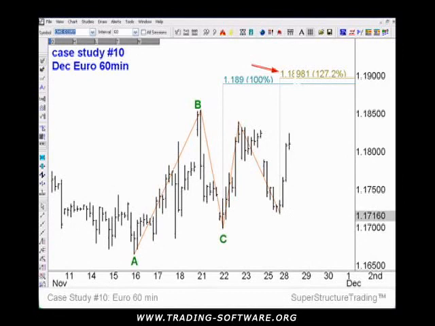So we will insist upon this supporting structure, this measure move within a measure move, starting from point C. We want this formation to at least have some sort of overbought scenario. And the slightly overbought scenario is a 1.27.